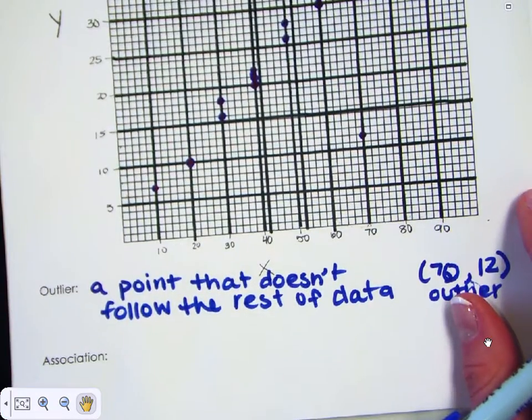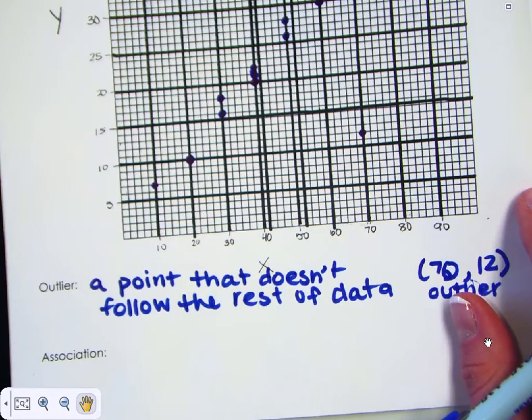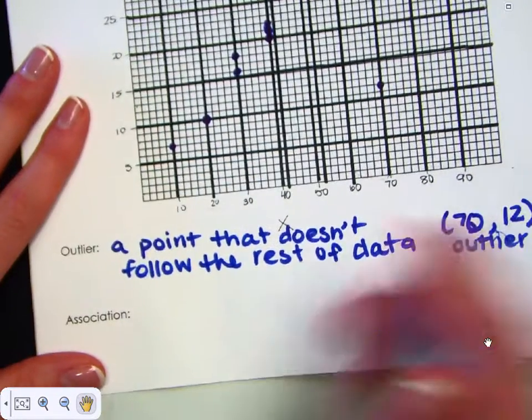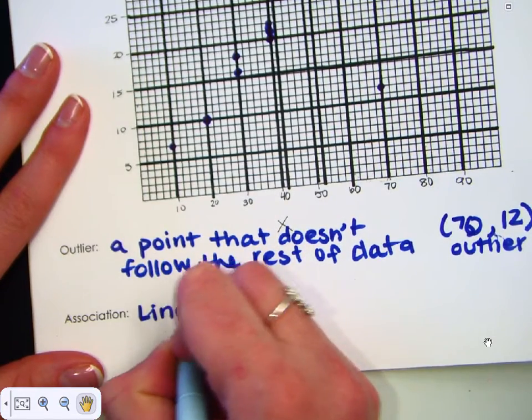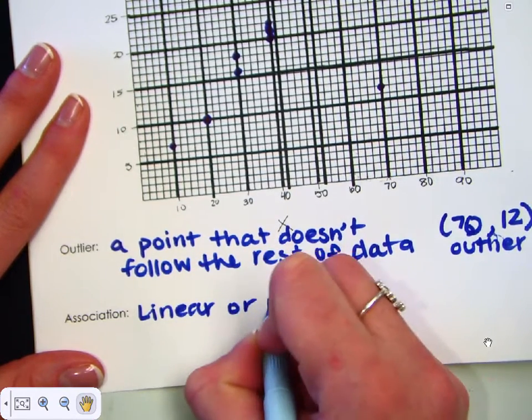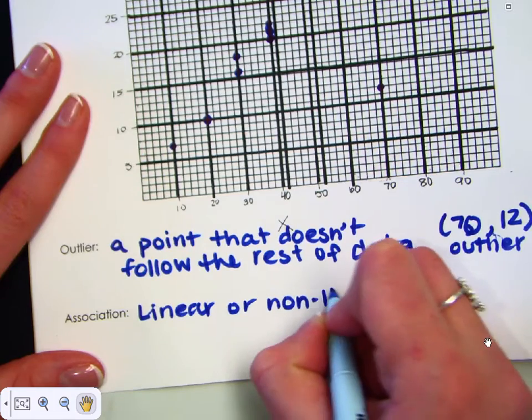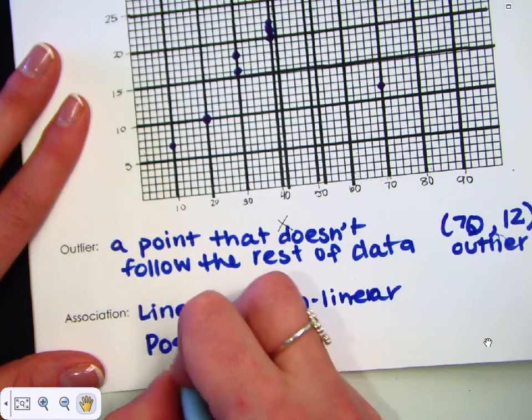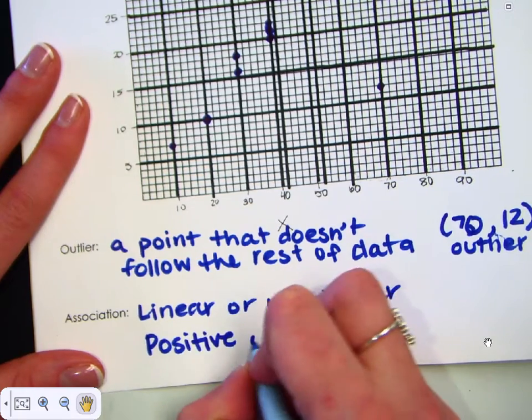Association just means what does it look like. So does this look like a line? Well, it's starting to take the shape of a line. So the association can either be linear or nonlinear, or positive or negative.